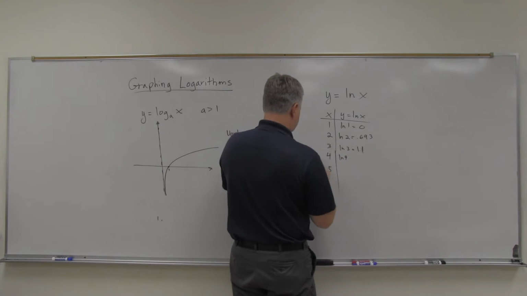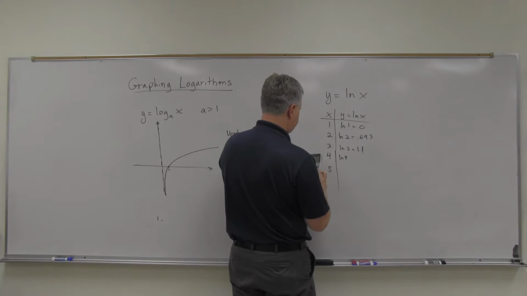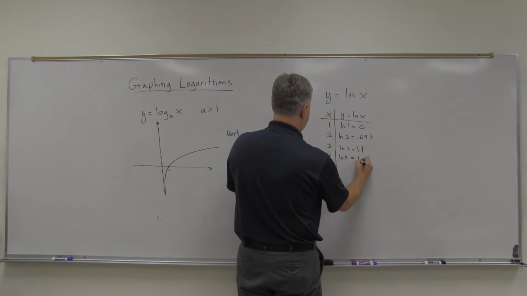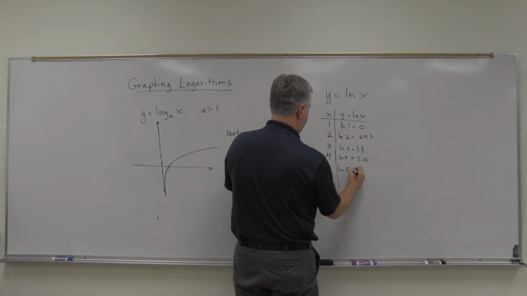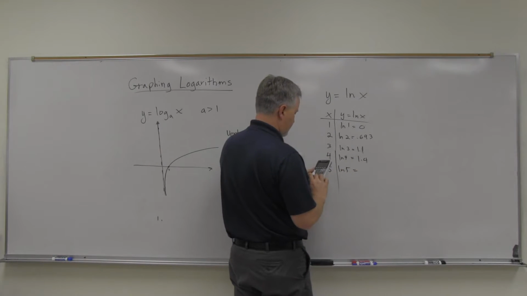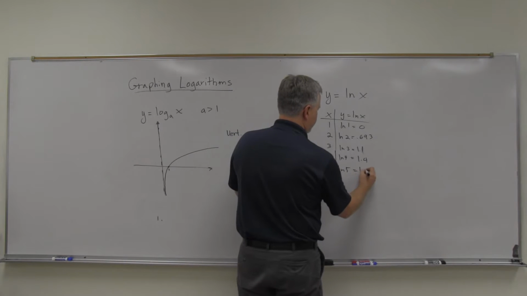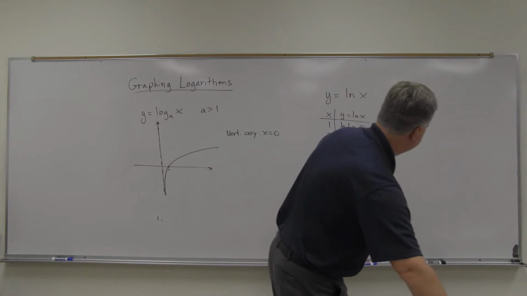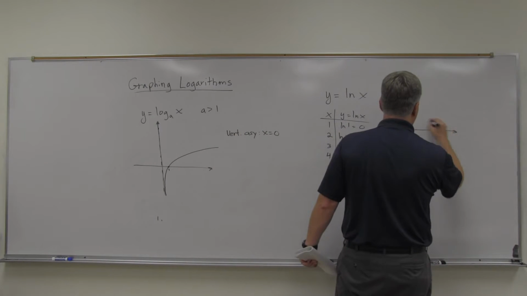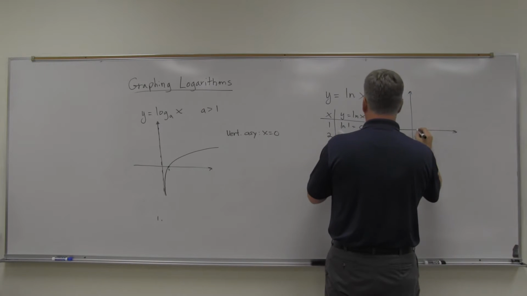ln of 4 is 1.4, ln of 5, yeah, we just get whatever value you want there, 1.6, so it's not going anywhere fast, but with just those values, we got a pretty good idea.